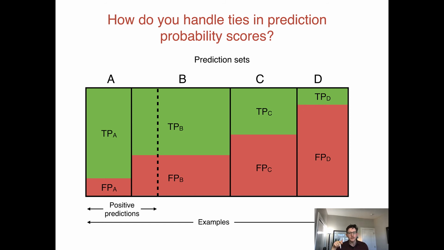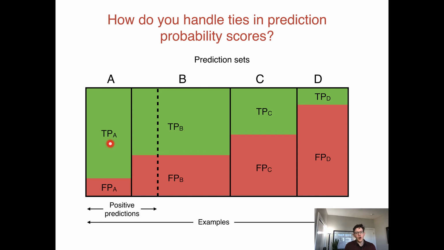So we don't end up having this very granular, real valued prediction probability, but rather we just have, in this case, 4 different probabilities we get out. And for each of those prediction sets, A, B, C, D, we can order them by their probability of being a positive. So in this case, prediction set A has the highest probability.